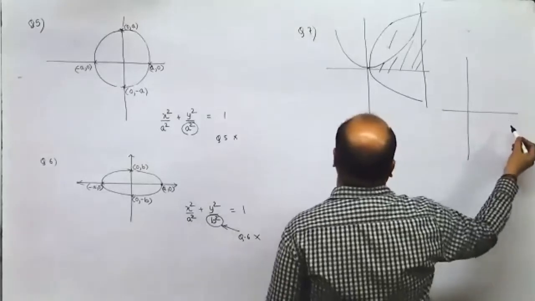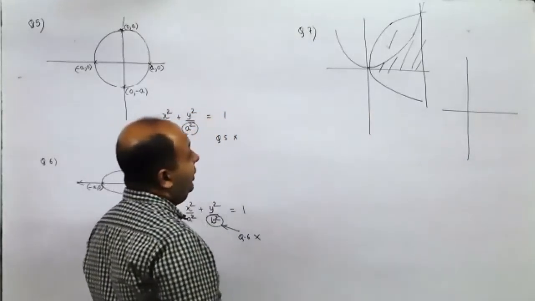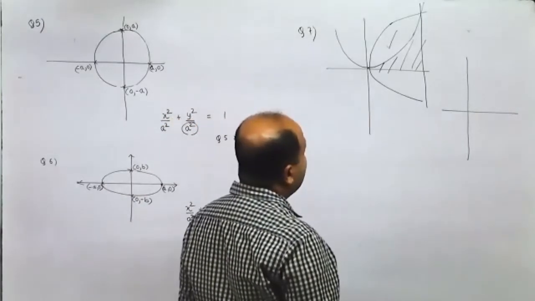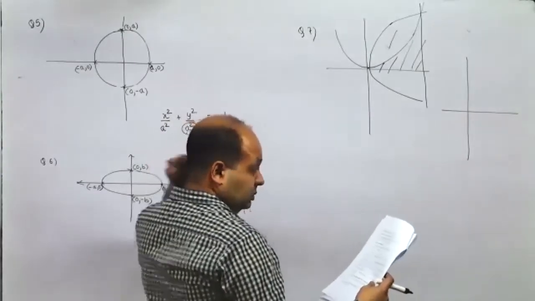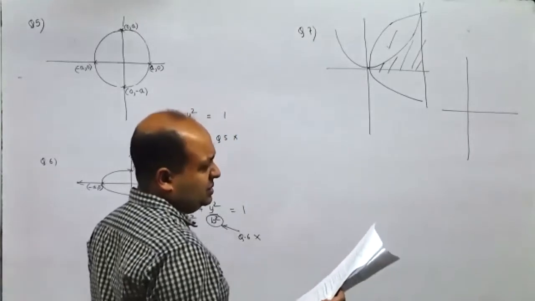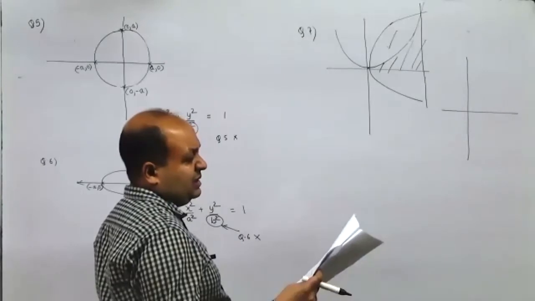Suppose I say A to B, y equal to f of x, y equal to g of x, and the x-axis.